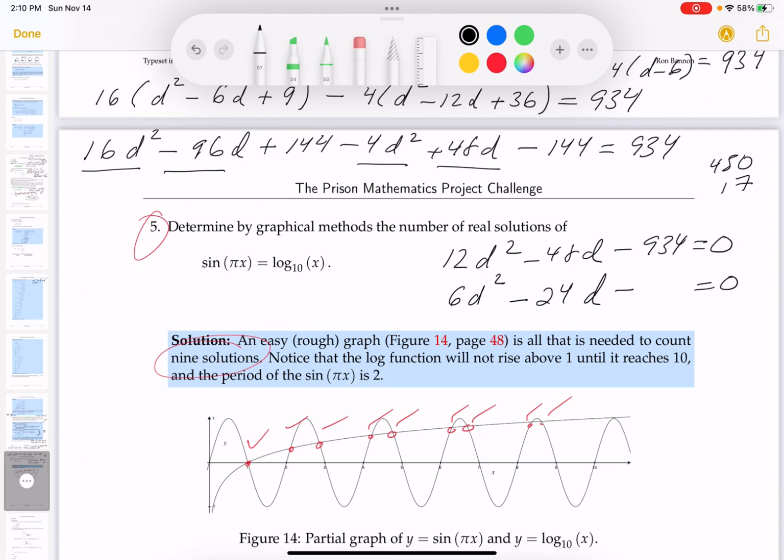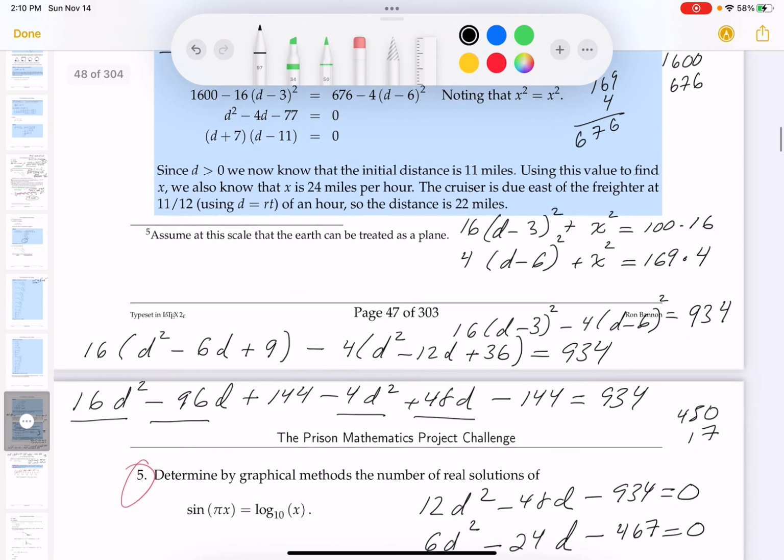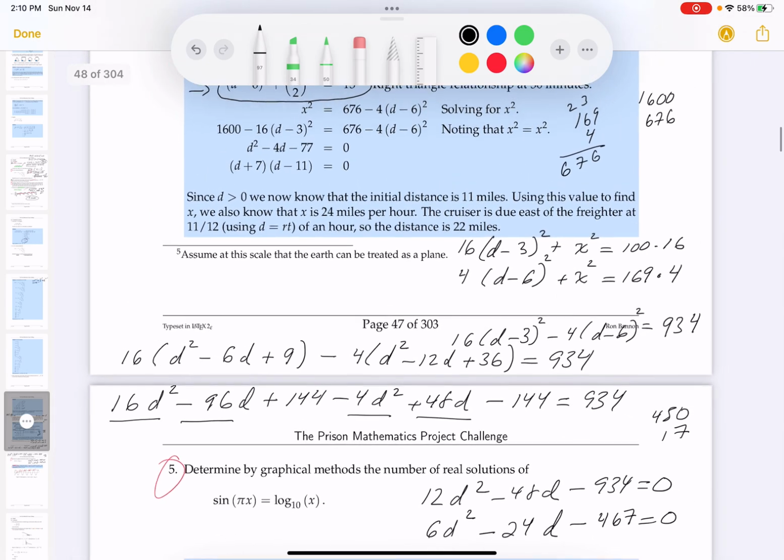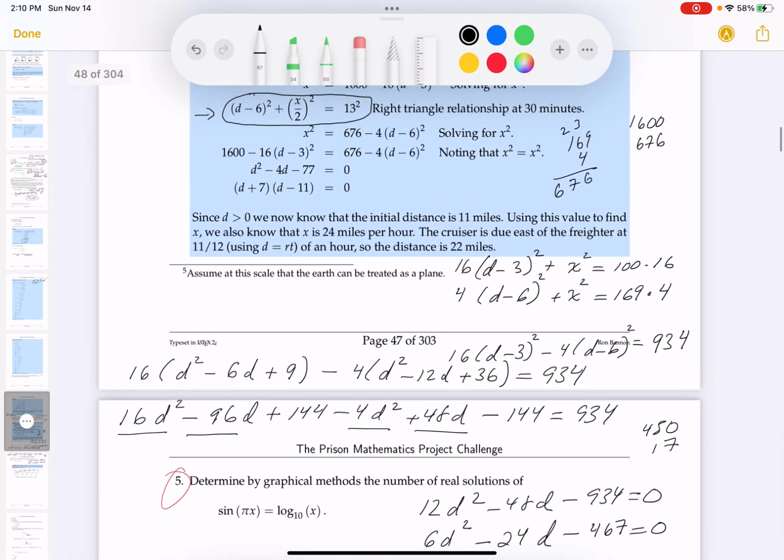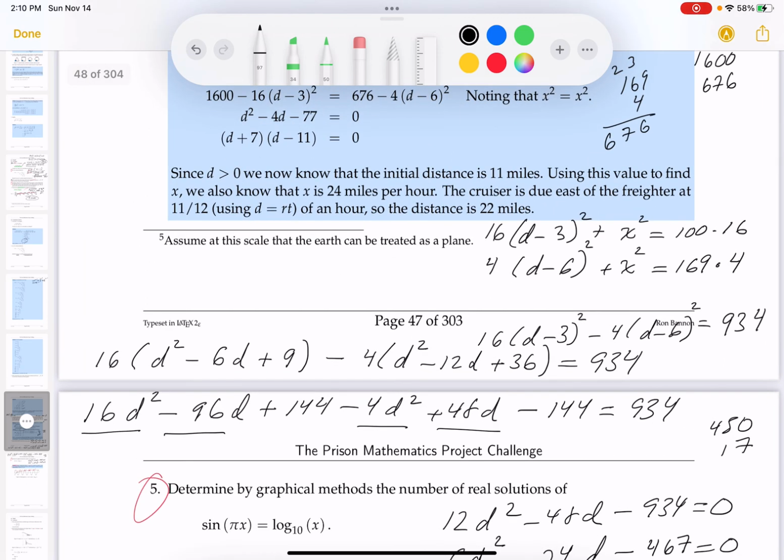917. That's going to be 467. Let me see if I'm getting those numbers up here. No, I think I made a mistake somewhere. I see it, 924. I see it right now.